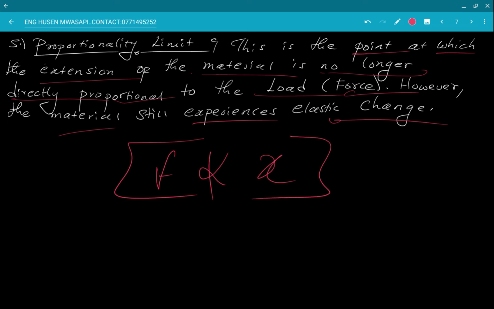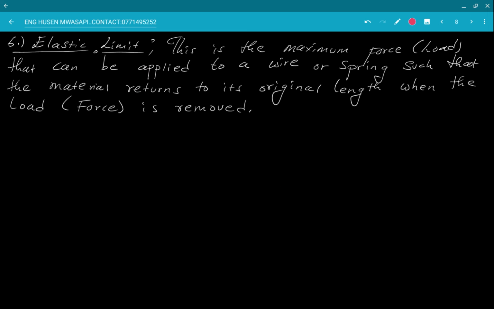Which means that if the force increases, it doesn't necessarily mean that the extension will also what? Increase. That's what it means when we say proportionality limit. It's that point where the force will no longer be directly proportional to the extension of that particular wire or spring. I hope it's clear. Let's move on to the sixth one.